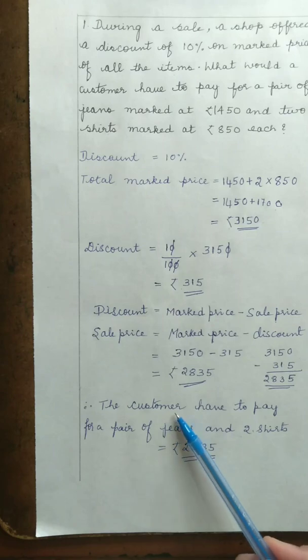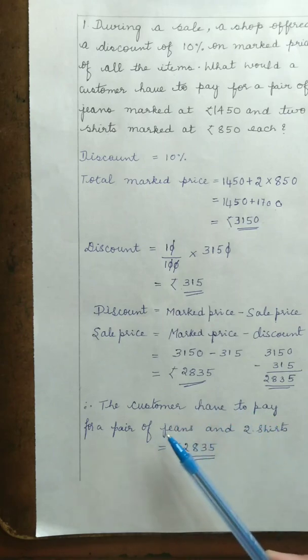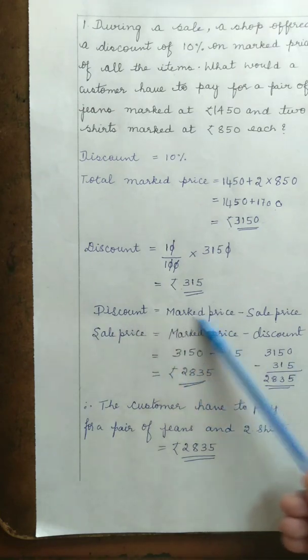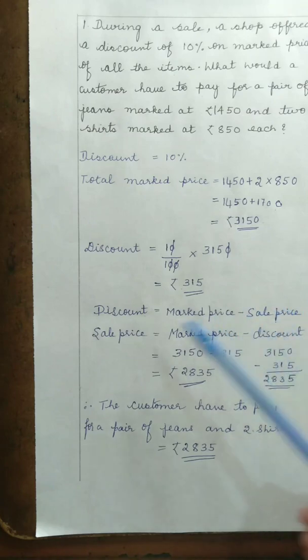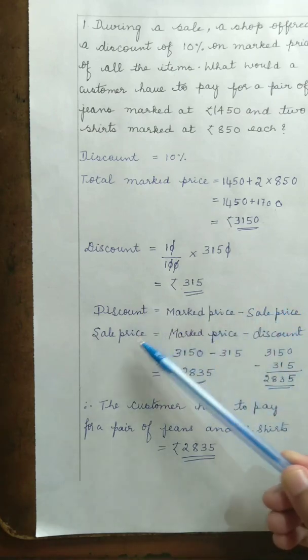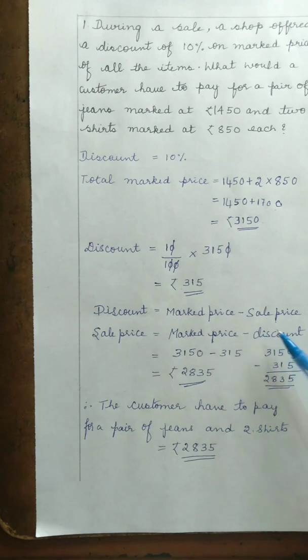Therefore, the customer has to pay for a pair of jeans and 2 shirts rupees 2835. So, we got the sale price by rearranging the formula discount is equal to marked price minus sale price. On rearranging this formula, sale price is equal to marked price minus discount. We got the final answer equal to rupees 2835. This is the method of solving the first problem, children.